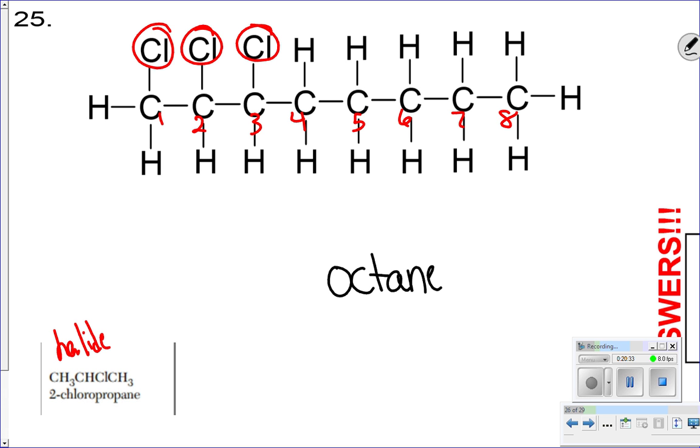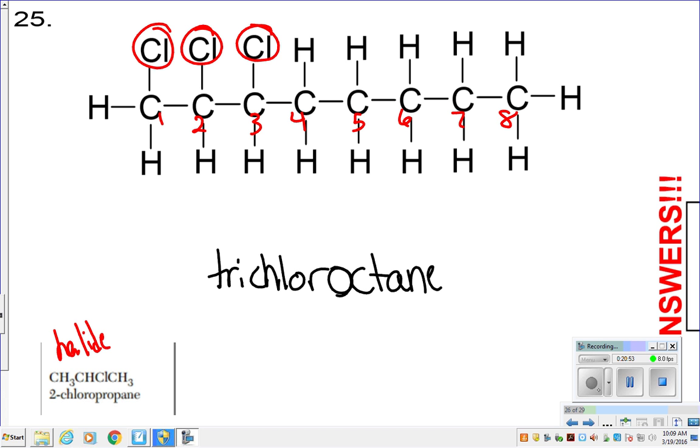Since I have 3 chlorines, I'm going to call this trichlorooctane. Actually, I think you get to ditch one of those O's. Sorry. It makes the name a little bit less awkward. Sorry, I had to double check that.